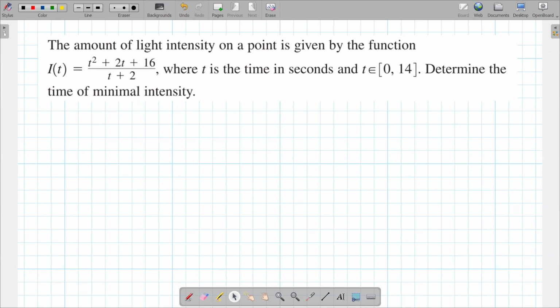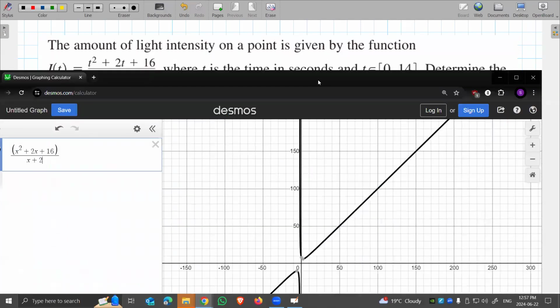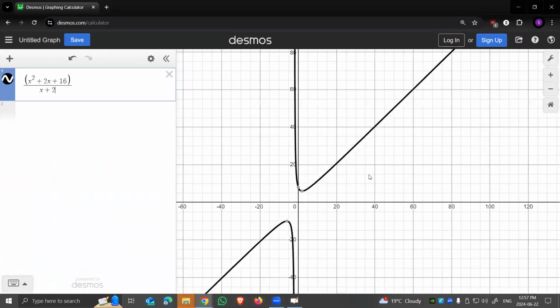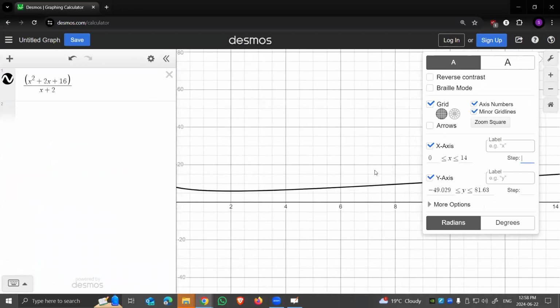They graph it as well, but they pretend like they don't. I'm going to graph this to see what's going on here. So this is the graph. The question is between 0 and 14, so we are only interested in the x-axis between 0 and 14.